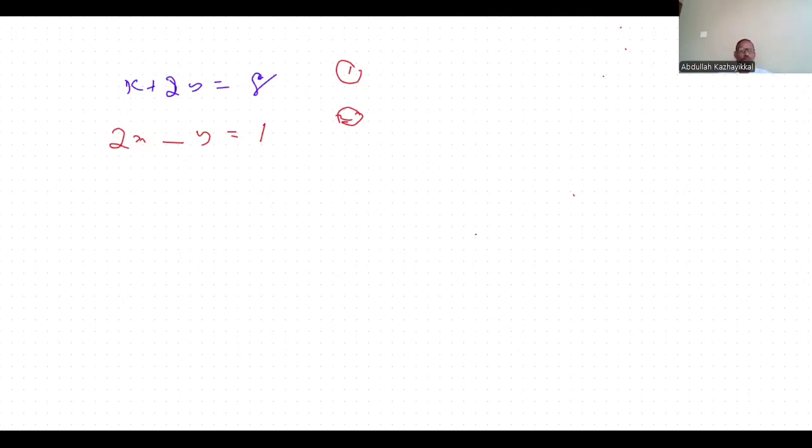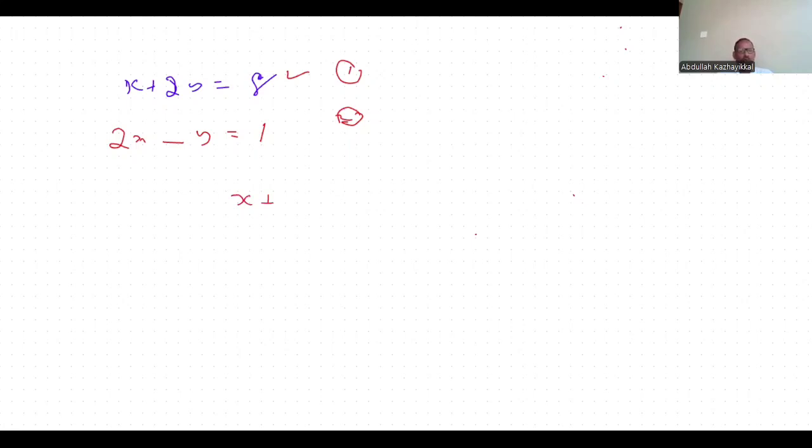Okay, first make the coefficients equal in standard form. Okay, no problem. First is x plus 2y, I need coefficient 2 here, that means equation 1 into 2. All of you do like this.